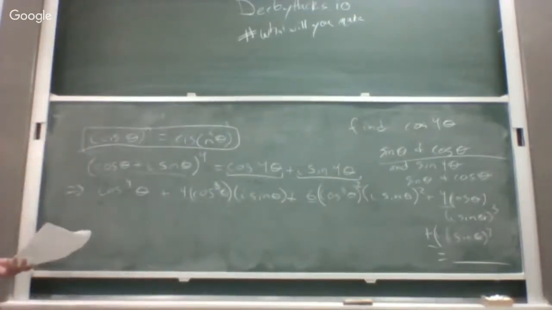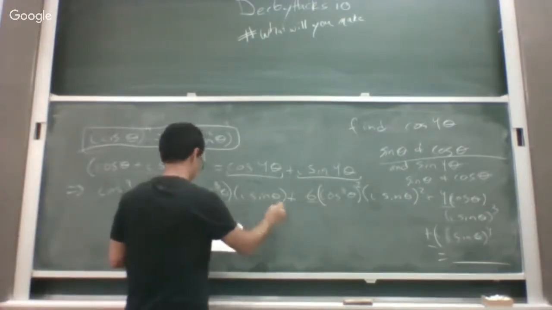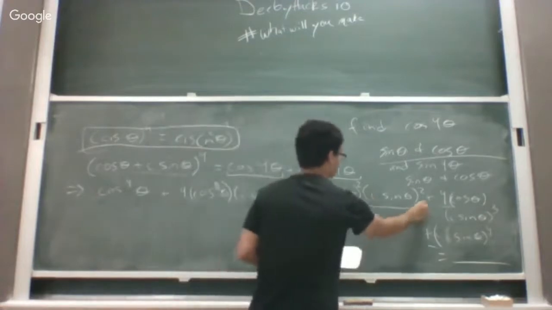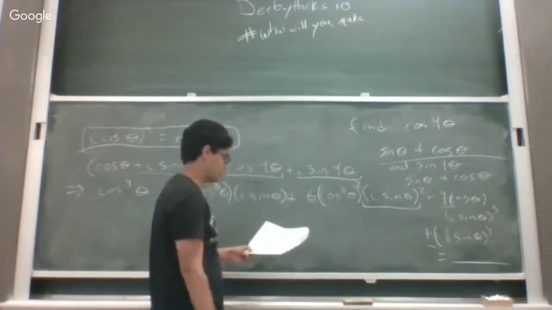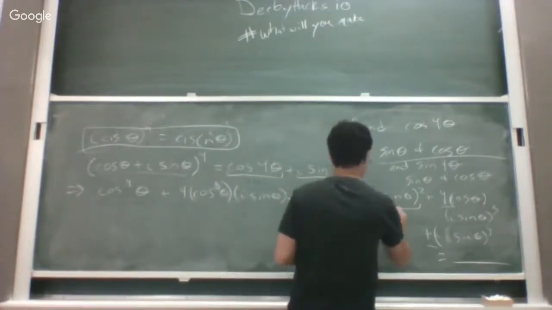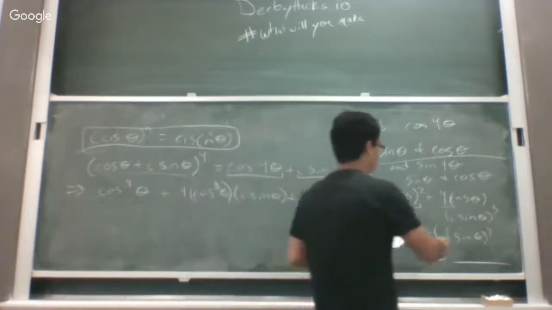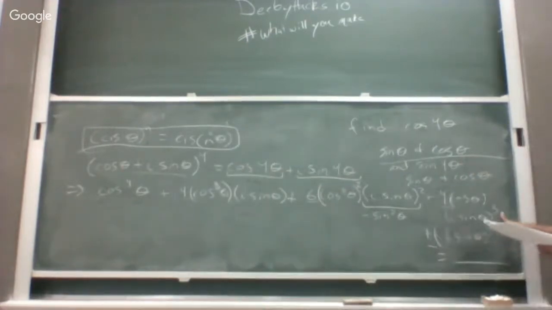So then you need to organize everything. This here, not this, right here. What's i squared? So this becomes negative sine squared theta. This quantity here is i sine of theta cubed. What's i cubed? Negative i. So this is negative i sine cubed theta.